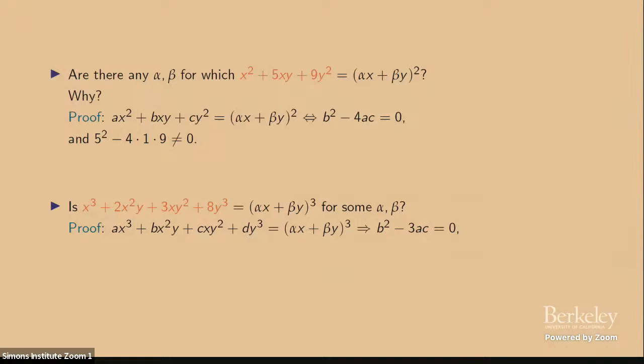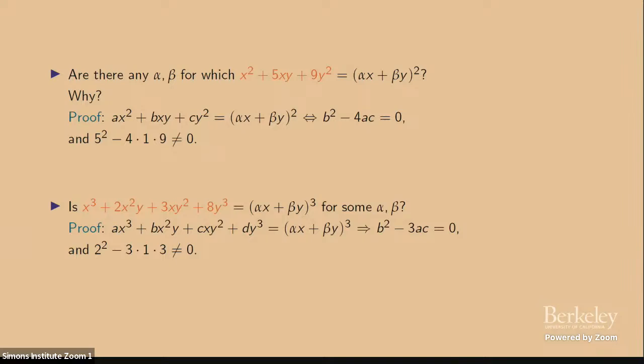Now things have gotten weaker. We don't have this stronger if and only if condition. We only have one direction. If it is a cube, it will satisfy this equation. But nevertheless, it still is helpful. We want to use it in this direction. We want to say this is non-zero, so this is not true. And it still works.